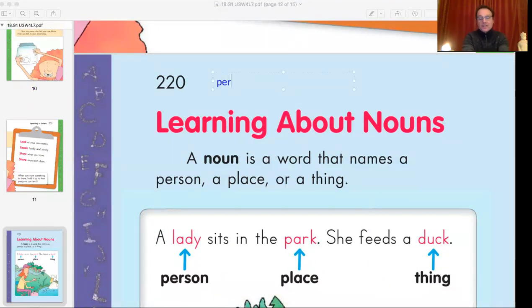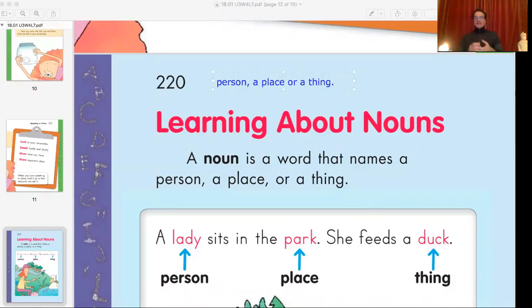A noun is either a person, a place, or a thing. A noun. So things you can touch like pencils and pens and candles and can of water and the whole world. These are all nouns.